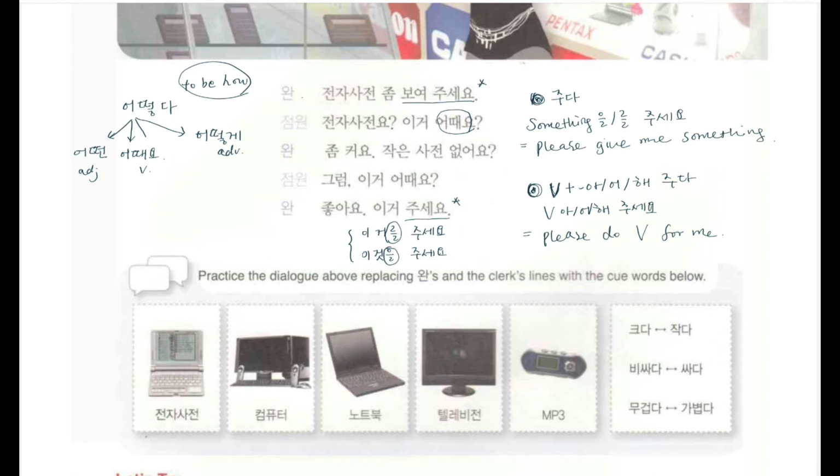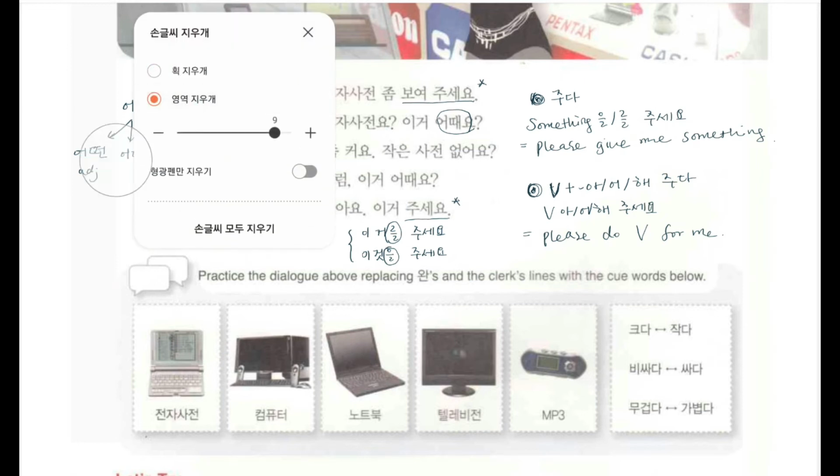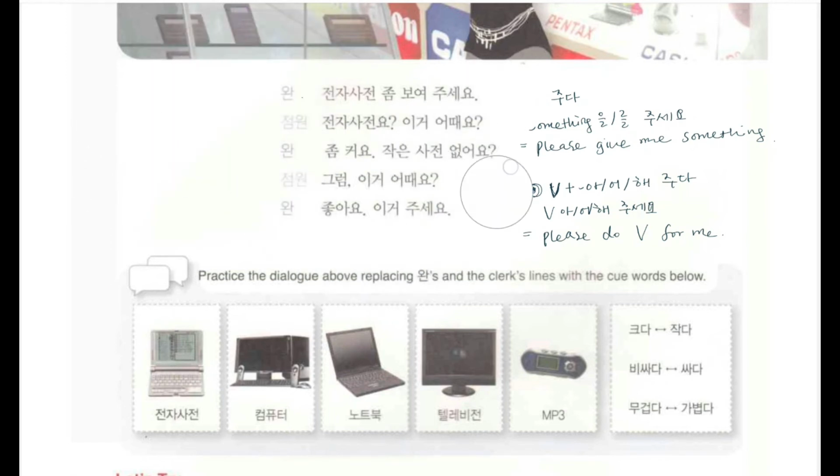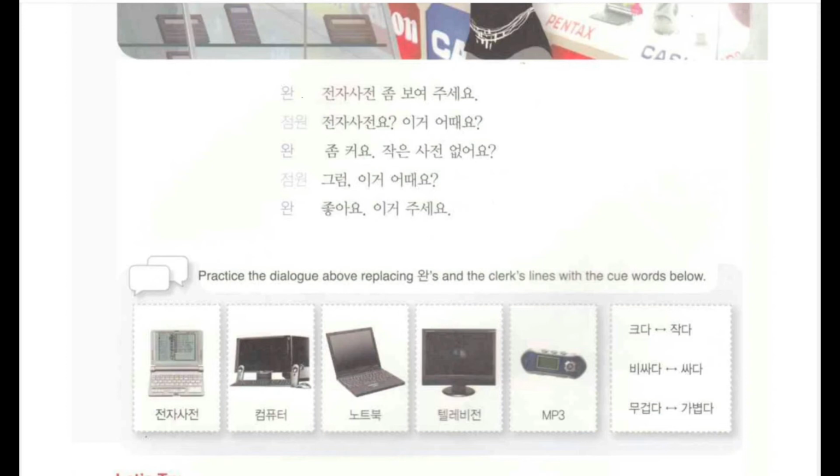자, 좋습니다. Shall we practice now then? 자, 제가 지울게요. Let me clean this. 제가 one 하겠습니다. 여러분이 점원해 주세요. 시작. 전자사전 좀 보여주세요. 좀 커요. 작은 사전 없어요? 좋아요. 이거 주세요.